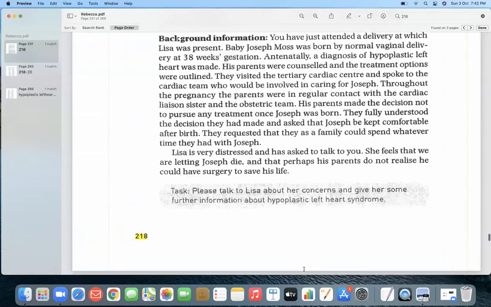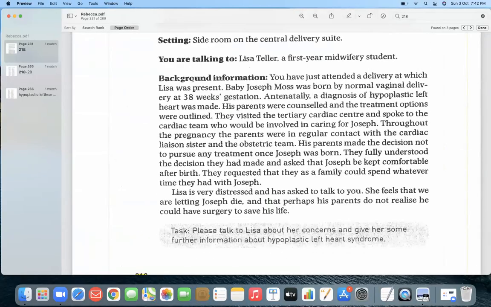So before that, I want to ask, especially the people who are working in the UK. Now this baby is 38 weeks gestation, antenatally diagnosed with hypoplastic left heart syndrome. After detailed conversation and discussion with the tertiary cardiac center and cardiac team, the parents have come to a decision not to resuscitate the baby, and they just want to stay with the baby, and they don't want any operation or anything.